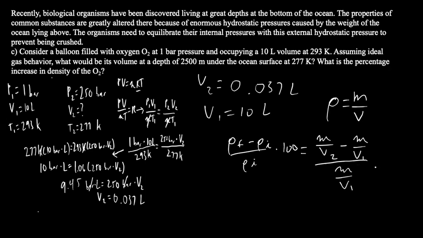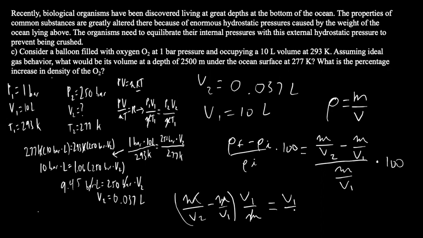This is convenient because we can multiply this out. So we get m over V2 minus m over V1, all times V1 over m. And if we do this, we can cancel out these m's, and we get V1 over V2 minus 1.